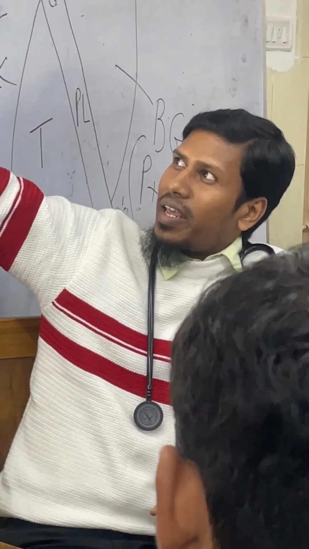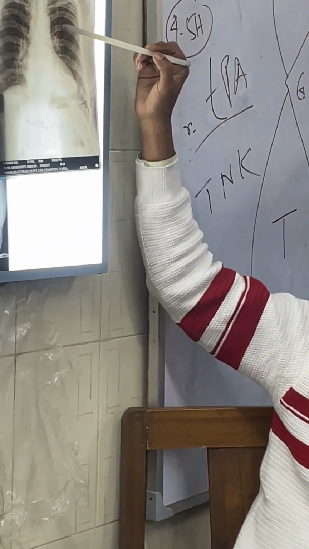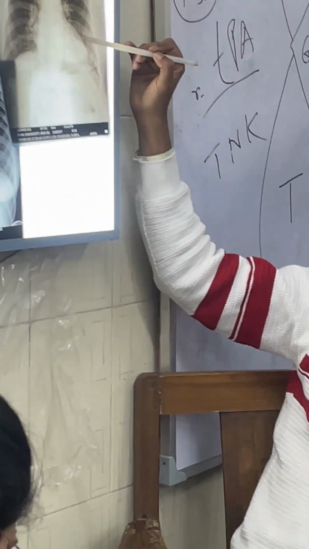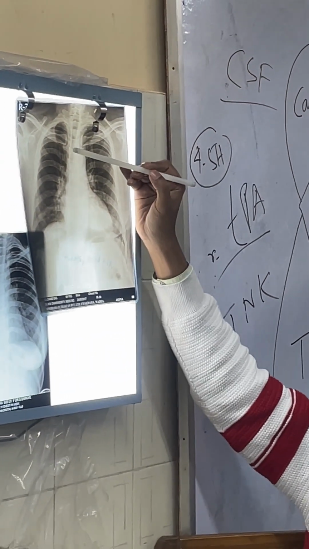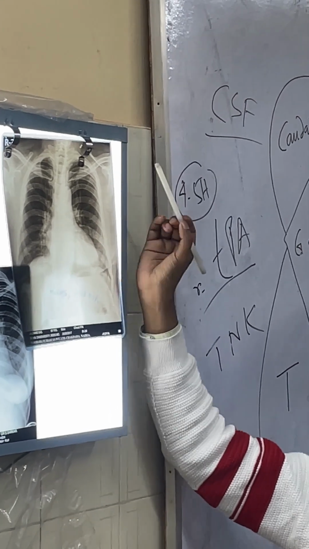Next is the cardiac or heart, okay? So this structure you have to describe. From here to here, this is the right border of the heart, and from this side, this is the left border of the heart.